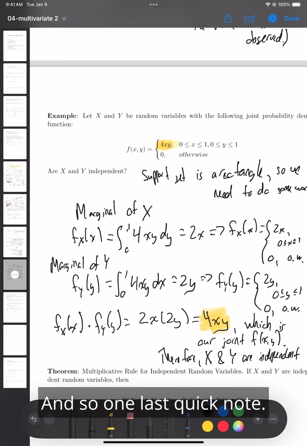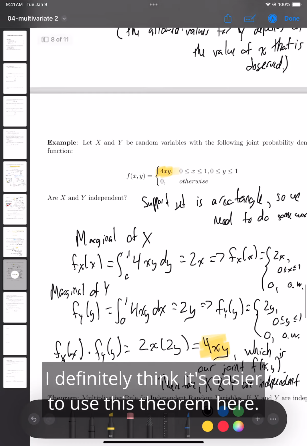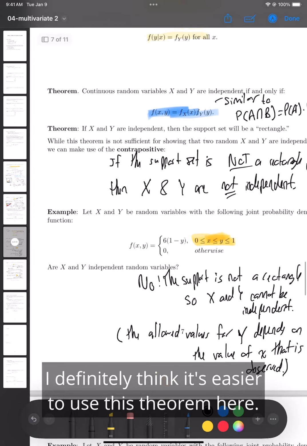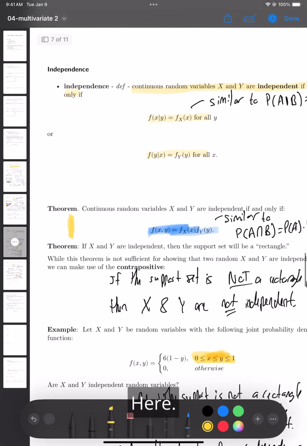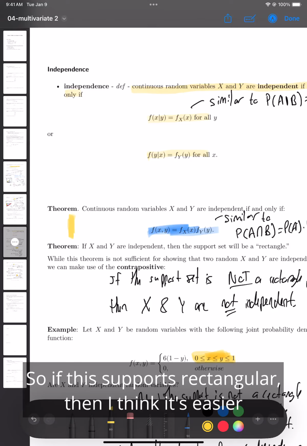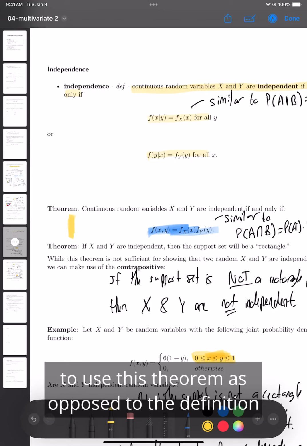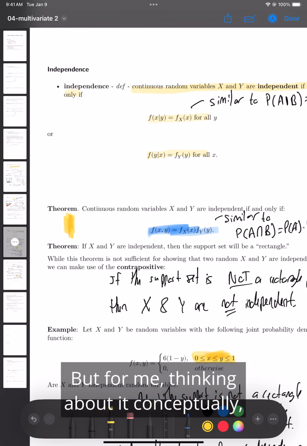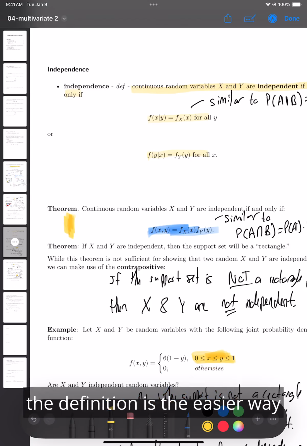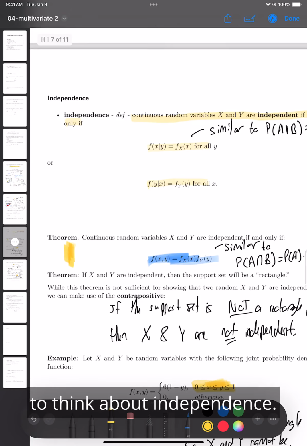One last quick note: I definitely think it's easier to use this theorem here if the support is rectangular, as opposed to the definition, to actually check if two variables are independent. But thinking about it conceptually, the definition is the easier way to think about independence.